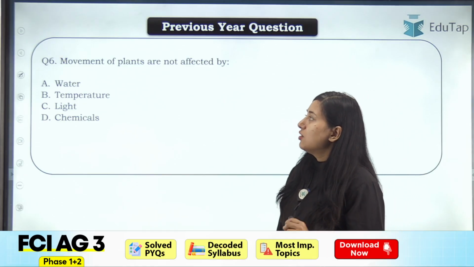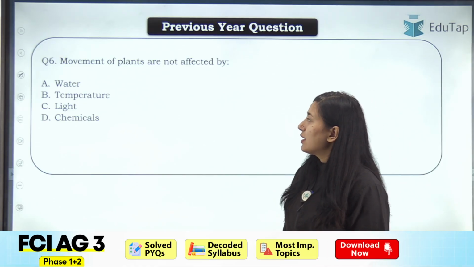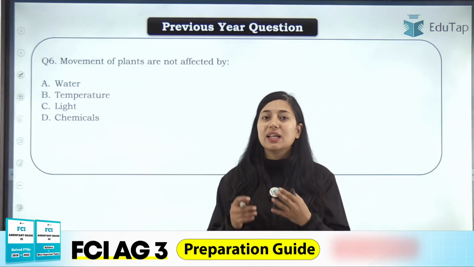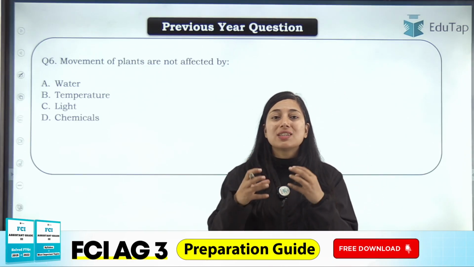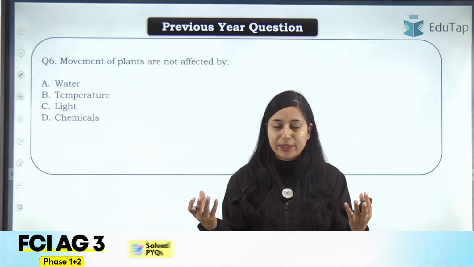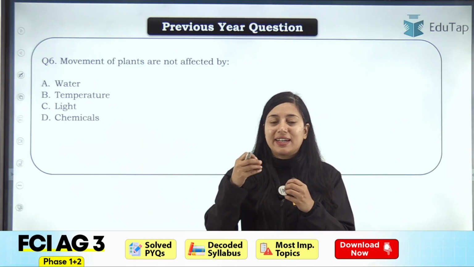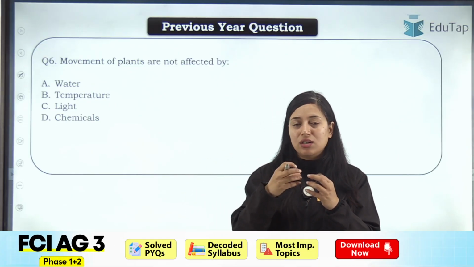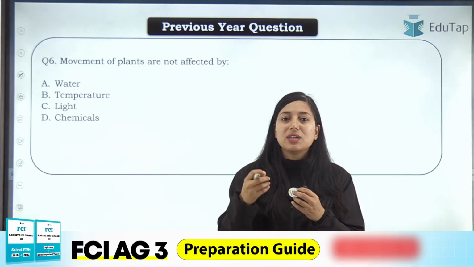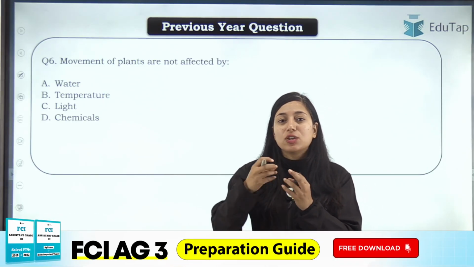Next question is: movement of plants is not affected by. So students, we have learned that plants move towards different stimuli, plants respond to different stimuli. Okay, the germination of a plant, that is the seedling coming out of the seed, is due to the movement of the plant towards light.